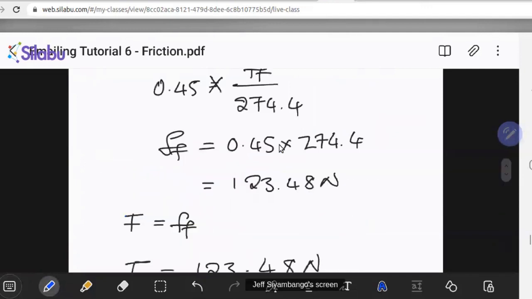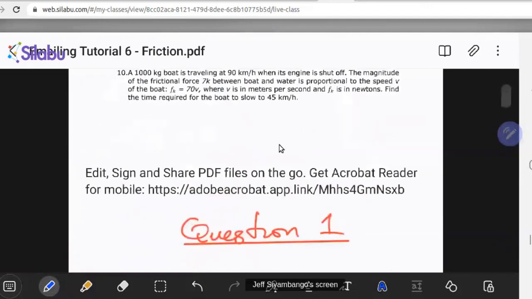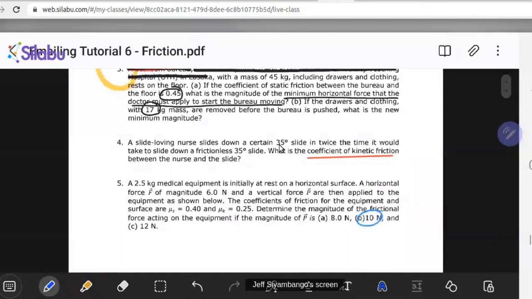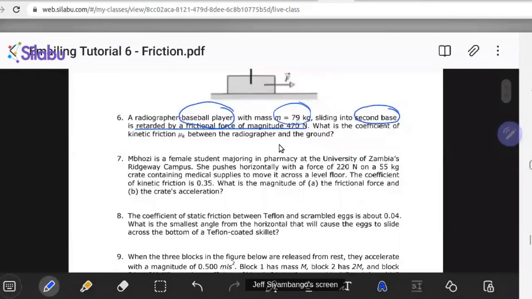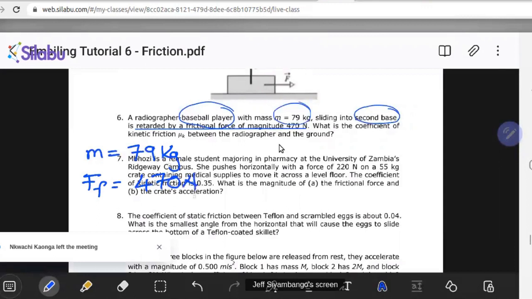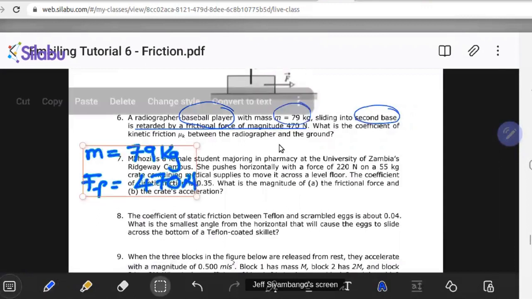The mass here is given as 79 kgs. And then the retarding force F, or the force of friction, is given as 470 newtons. So we can get these two.